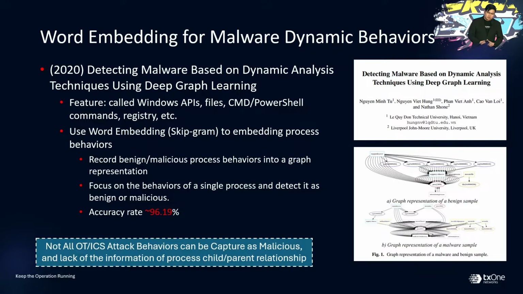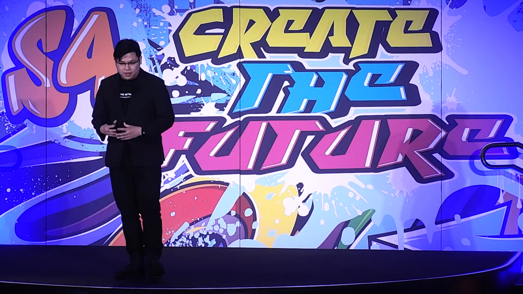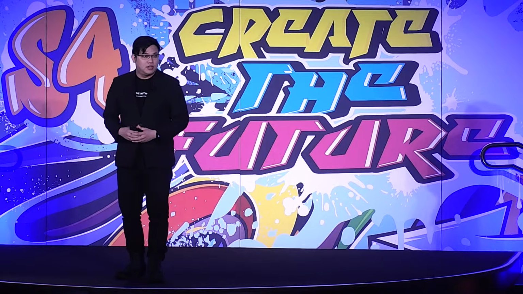In 2020, there was research on detecting malware based on dynamic analysis techniques using deep graph learning. They leveraged a control flow graph over different Windows APIs, files, command lines, PowerShell, and registries, with word embedding to embed process behaviors. They reached an accuracy of over 96%, but they don't have the process chain.